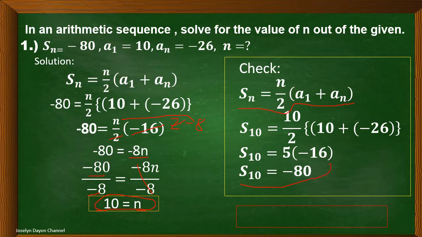If you have observed, we have the sum of the first 10 terms equal to negative 80. So we are correct that the value of n is equal to 10, because the sum of the first 10 terms is equal to negative 80. Therefore, the value of n is 10.